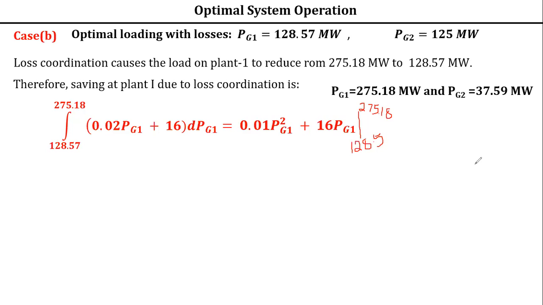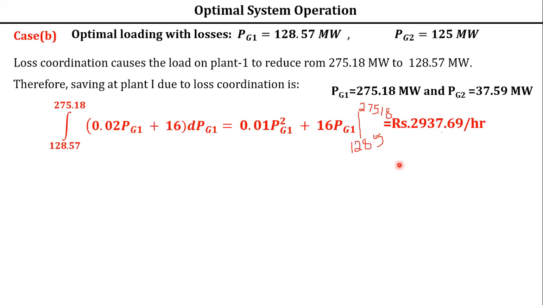Clear? Abhishek has given 2560.7 rupees per hour. So let us check that one. This is after integrating and substituting the limits. Understood? After substituting PG1 equal to the upper limit and lower limit, you know how to substitute the limits after integrating, isn't it? If you don't know, please learn that, not an issue. So this is the answer you are going to get, 2937.69.